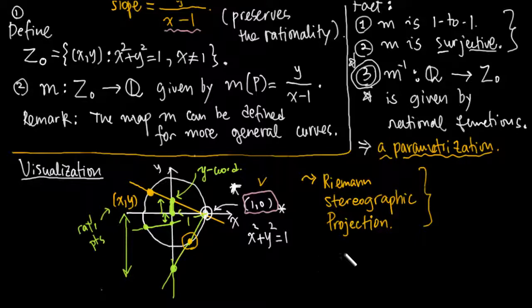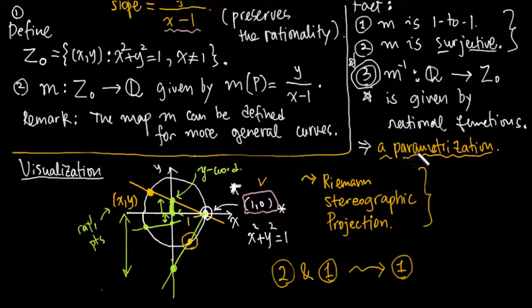So again, as I said, degree 2 and 1 fixed point gives you a unique association with the remaining point. That's the idea behind this parameterization, actually, if you think about it.